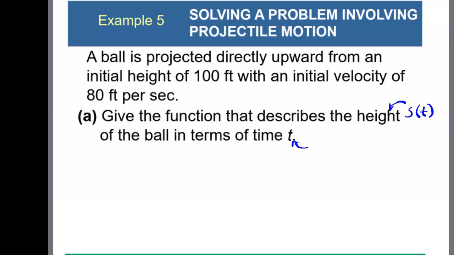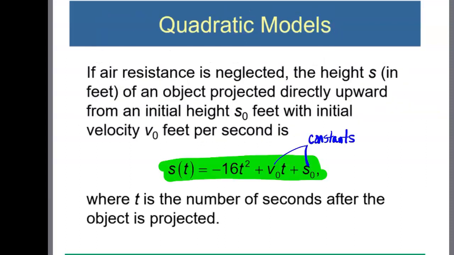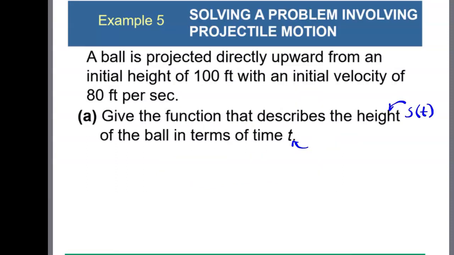The initial height, let's go back to our formula, is given by s sub naught, and the velocity is 80 feet per second, and the initial height is 100 feet.